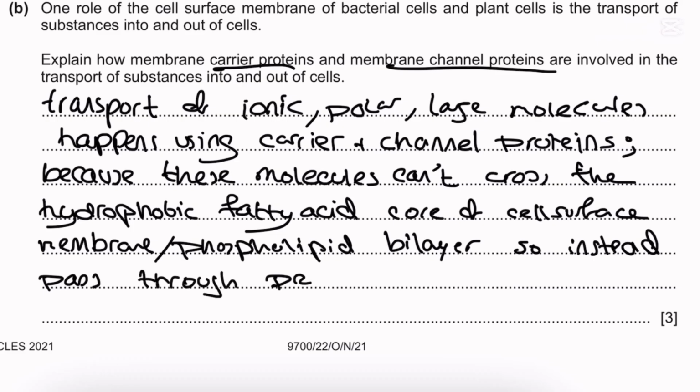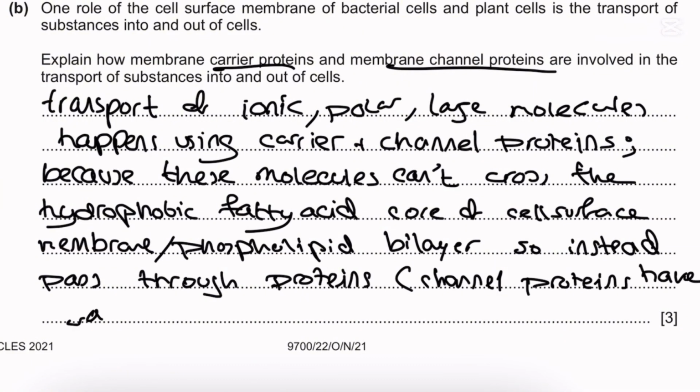through these proteins. And you can mention here that channel proteins have water-filled pores, because it's an extra point, and you never lose marks by writing extra points. The most important thing is to mention the different mechanisms of transport.